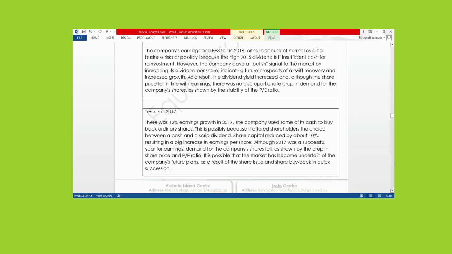Between 2016 and 2017, ordinary shares reduced from 2,100 to 1,900. At one point, you issue more shares. At another point, you are buying back shares. Investors are not certain. What is the company's future plan? That affected the company's share price.